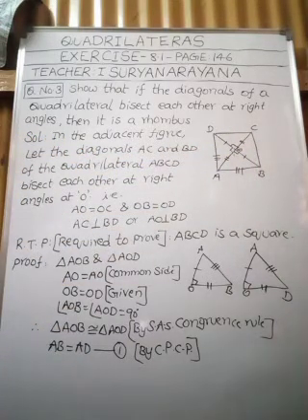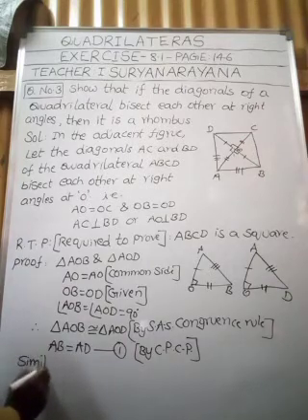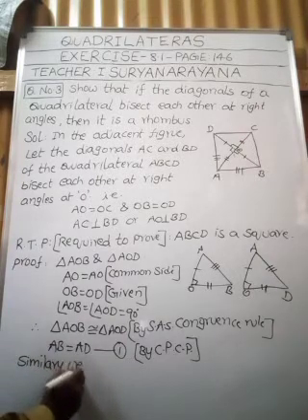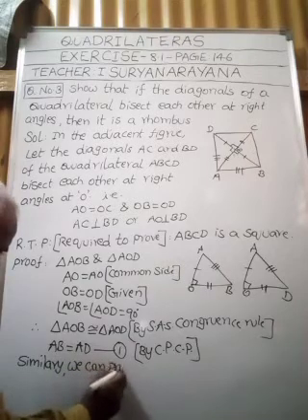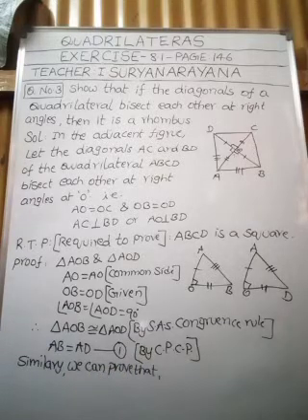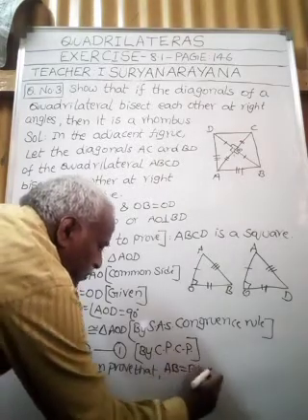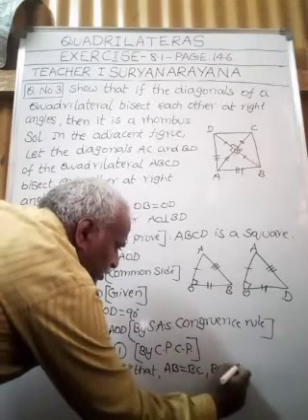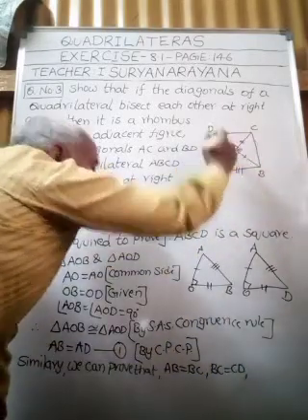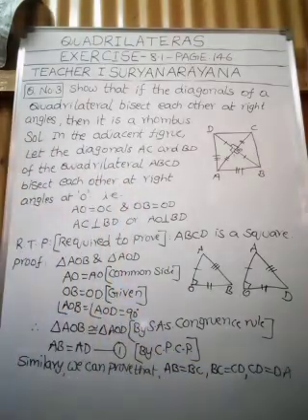We are not proving all these parts, so we simply write similarly, we can prove that AB is equal to BC, BC is equal to CD, CD is equal to DA.